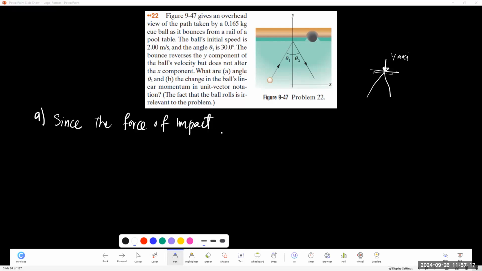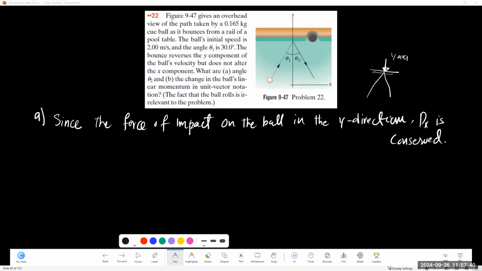So since the force of impact on the ball is applied only in the y direction, px, the momentum along the x-axis, is conserved. Conserved means not changed. Maybe I can write it like this: px initial momentum equals px final momentum.